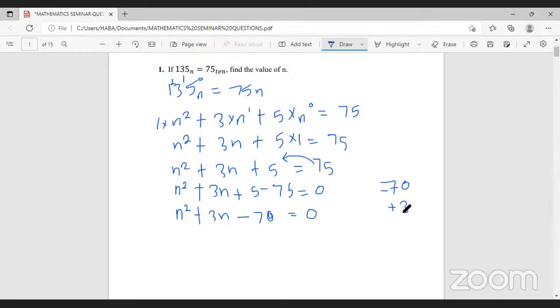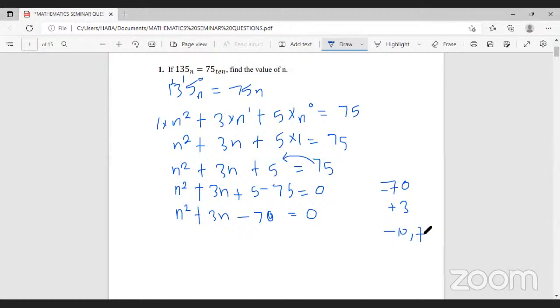So we get two numbers, or in simple terms, two factors of 70, which we multiply to give us negative 70, and when we add them, they give us 3. So what are those numbers? We have negative 10 and 7. Thank you.